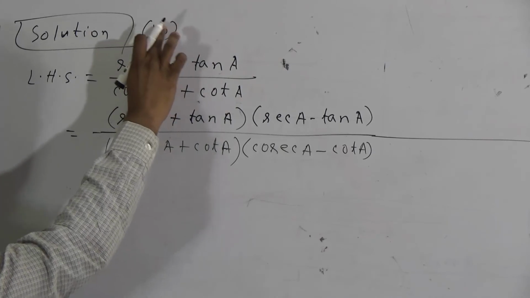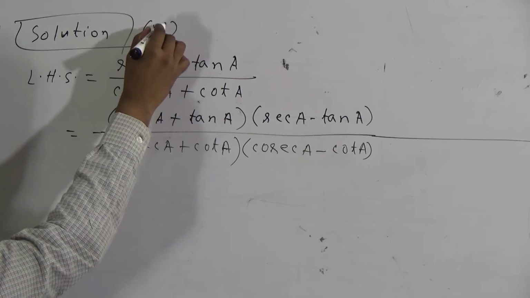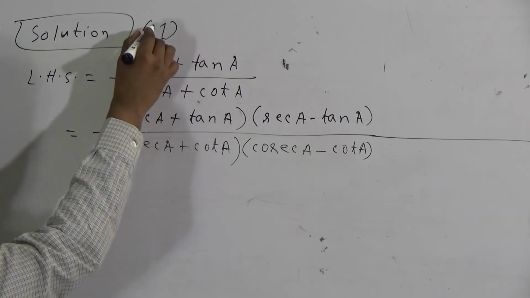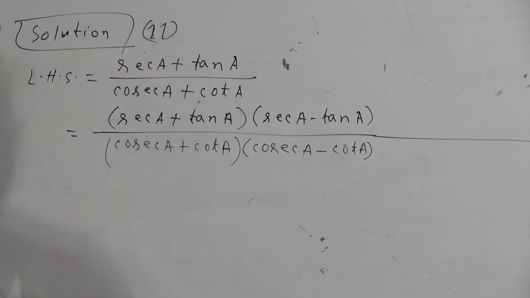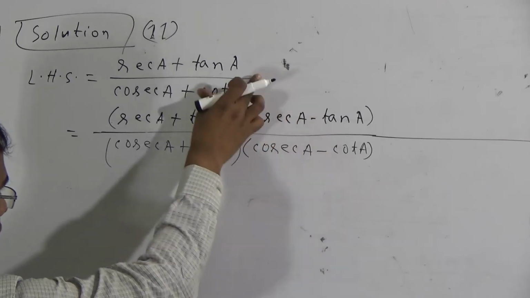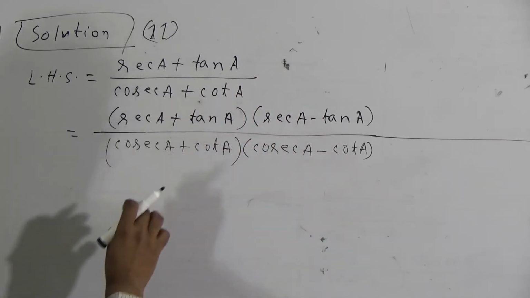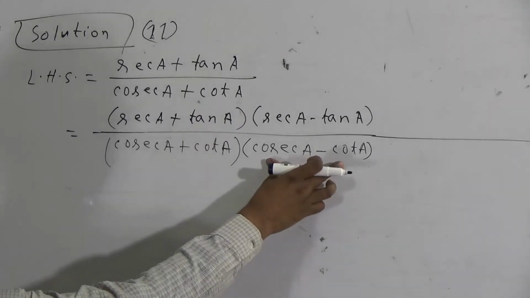Dear students, this is the solution number 11. Solution of 11 number math. We are solving now question number 11. Here cosec A minus cot A is not exist in this expression. In denominators we have taken this is extra term.